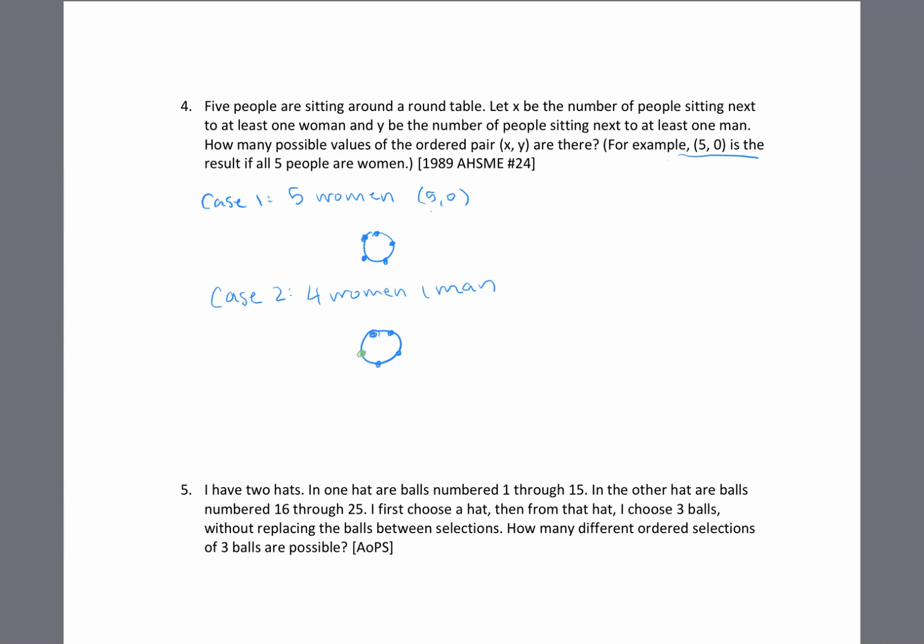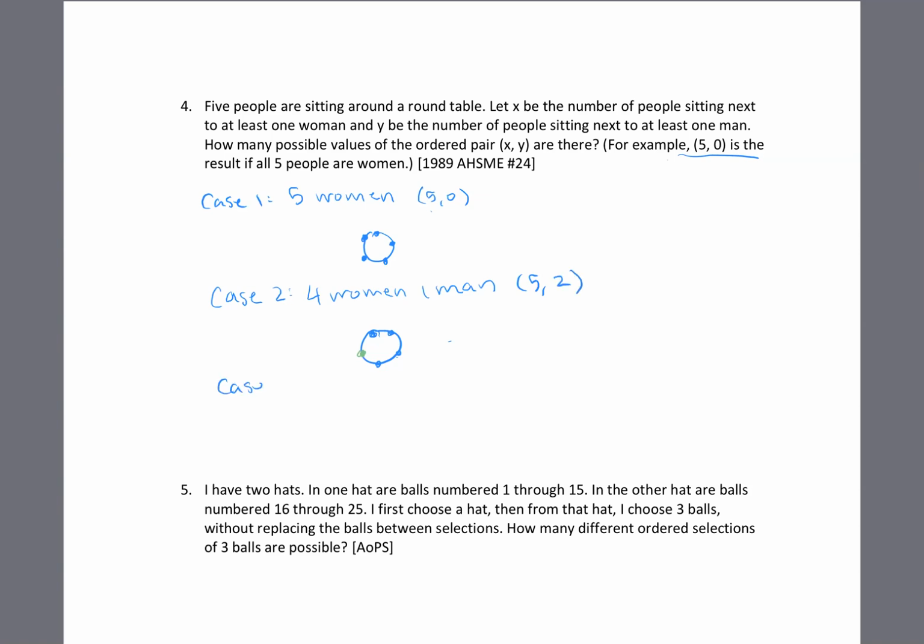The women to the left and right of the man are also seated next to a woman, and the people 2 away from the man are also seated next to 2 women. So everyone is seated next to a woman. For the people seated next to a man, it's only the people to the right and left of the man. So it's 5, 2.